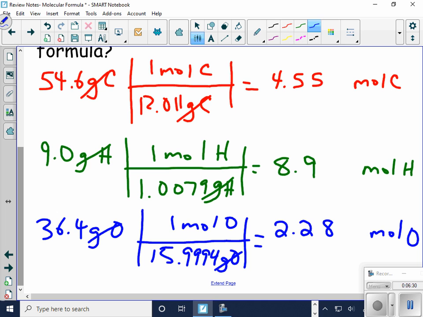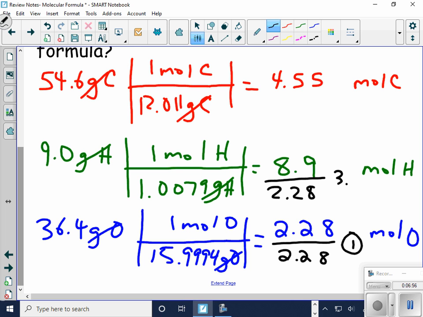Now I need to compare all of these. So I look and I can see that 2.28 is my lowest. So I'm going to divide everyone by 2.28. That's going to give me 3.9 and 4.55 divided by 2.28 gives me 1.99.